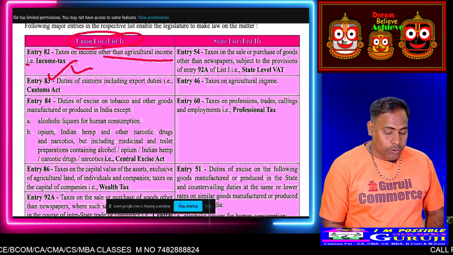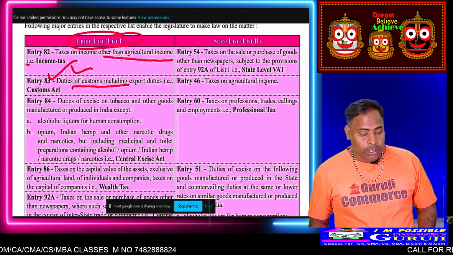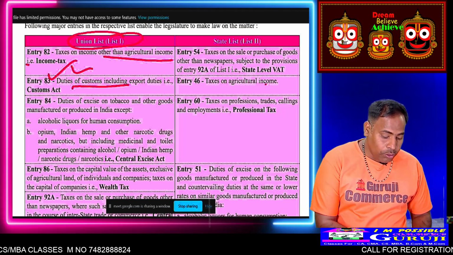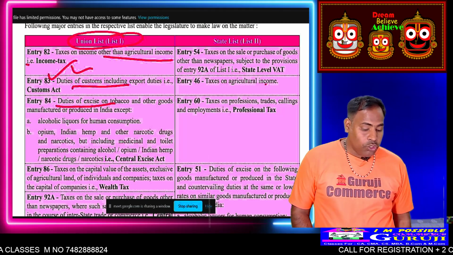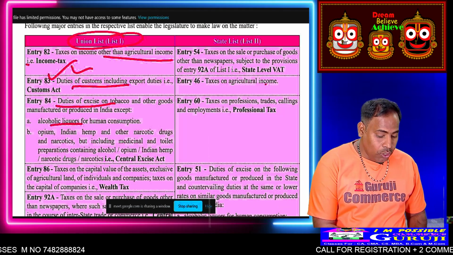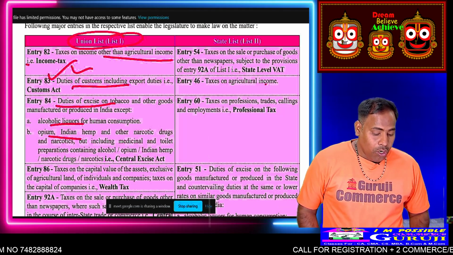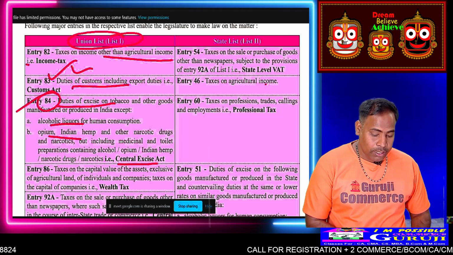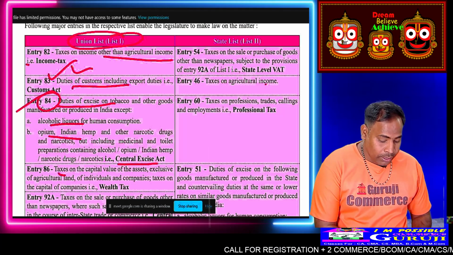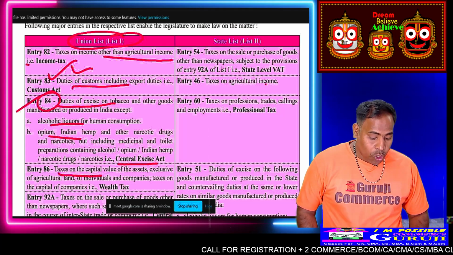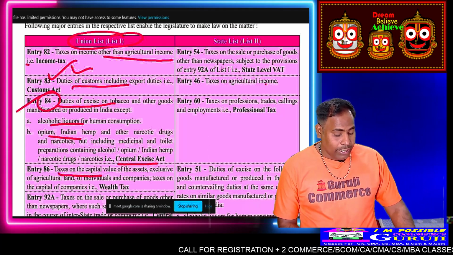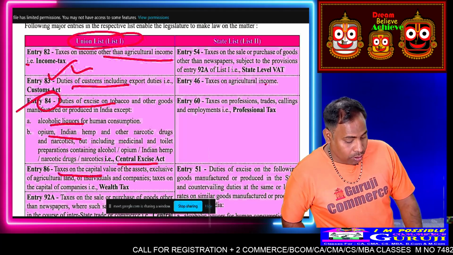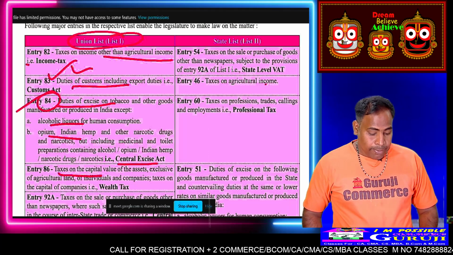Entry 83 is duty of customs, on import and export. Entry 84 is duty on excise of tobacco and other goods, alcohol, all these things, central excise duty. Entry 86 is tax on the capital value of assets, excluding agricultural land, individual income, company tax, capital of the company, wealth tax.